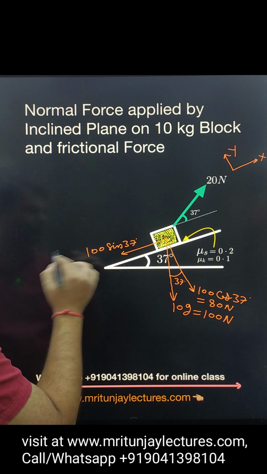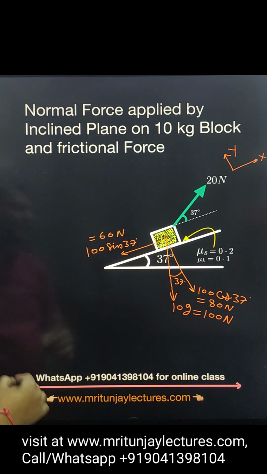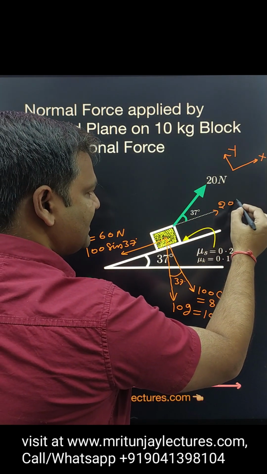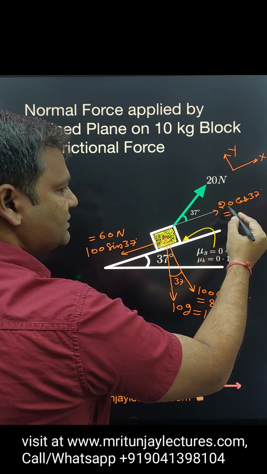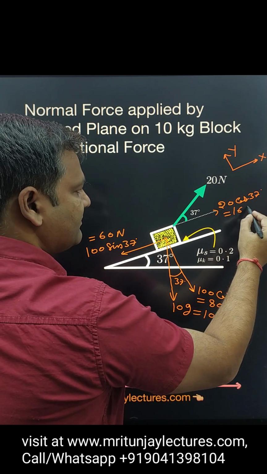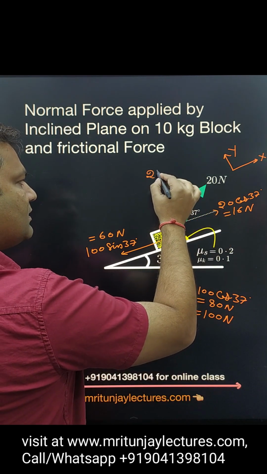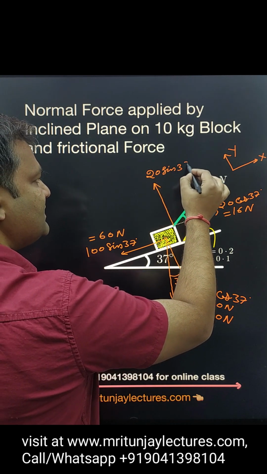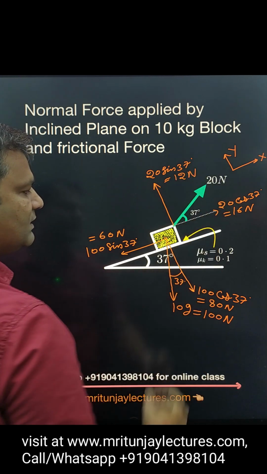And here 100 into 0.6, that is how much? 60 Newton. After that, the component of 20 Newton along this direction, cos 37, 0.8, so 0.8 into 20, that is 16 Newton. And the component of 20 along the y direction, sin 37, 0.6, so how much? 12 Newton. I hope that's clear.